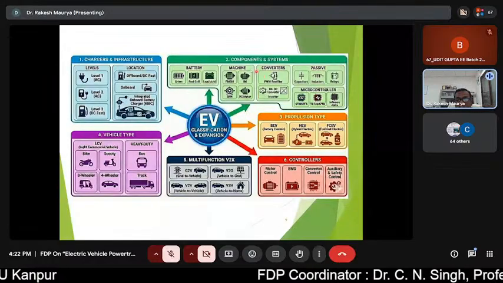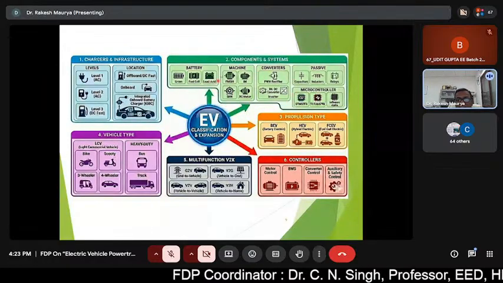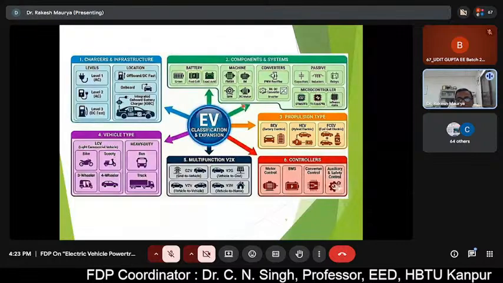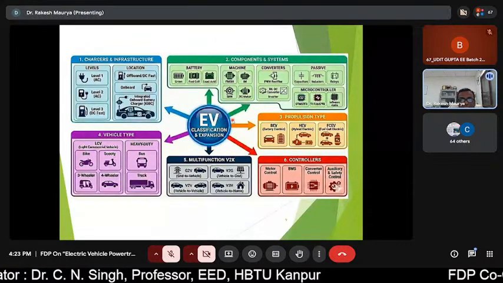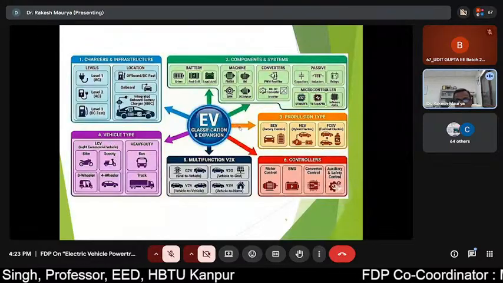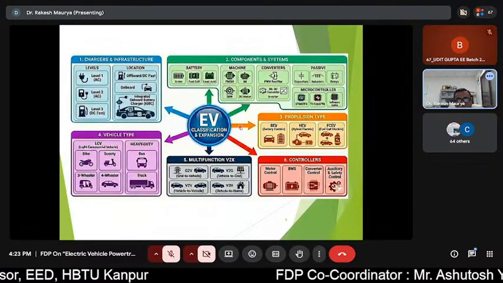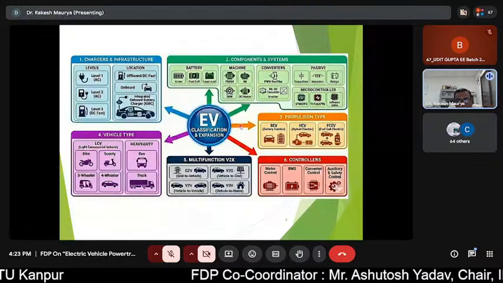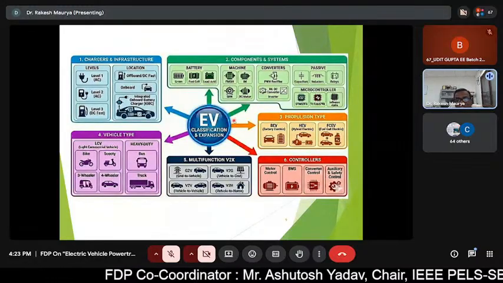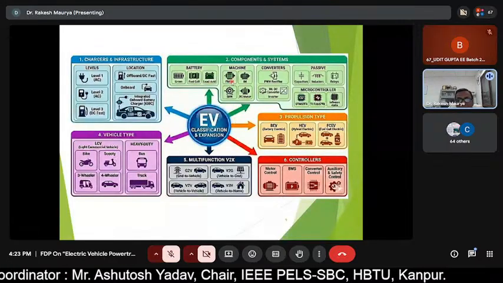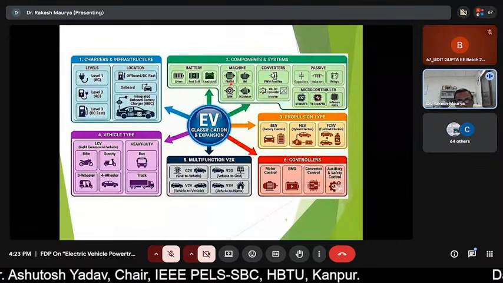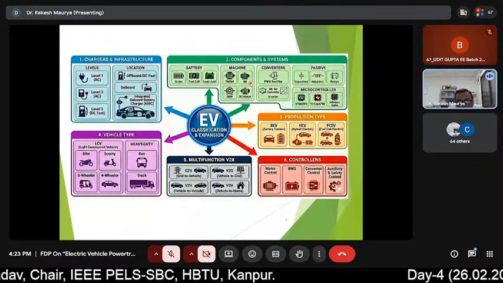As far as the motor technology and converter is concerned, as you all know, the EV has a battery, and the battery output is DC power. It provides the DC voltage, meaning power in the form of DC. But the motor which is used to drive the wheel is either a PMSM, permanent magnet synchronous motor, or an induction motor.